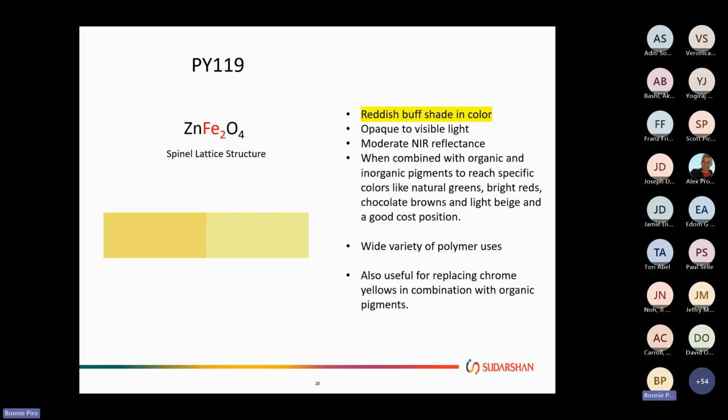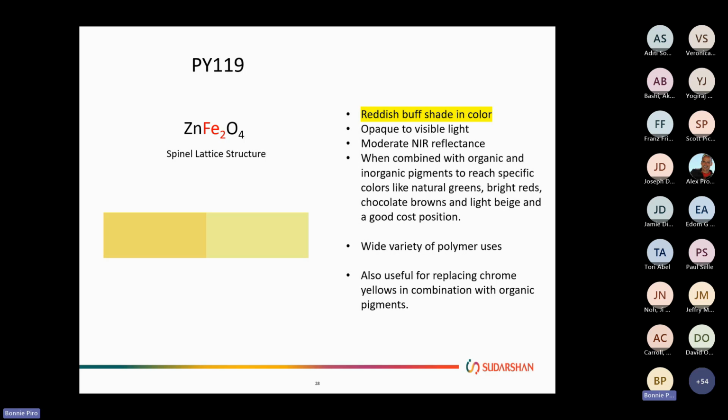Shifting to spinels is Pigment Yellow 119. This tends to be a little bit to the yellow side, but also a little bit to the reddish side, more of a buff or tan color. This is very useful with respect to combining it with organic pigments.